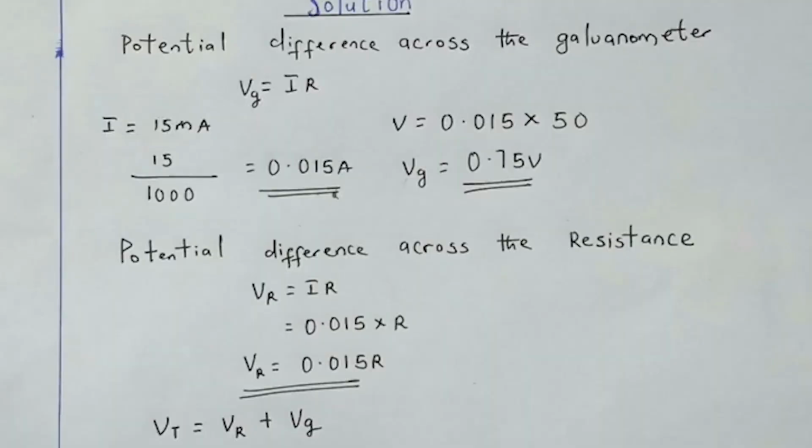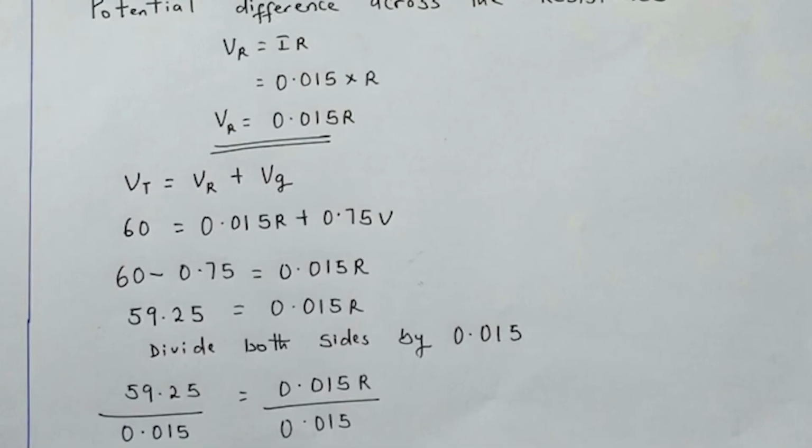In doing that, we have Vt equal to Vr plus Vg. The Vr is the potential difference across the resistance, while the Vg is the potential difference across the galvanometer. So we know our total potential difference to be 60, our Vr to be 0.015 R, and our Vg to be 0.75 volts.